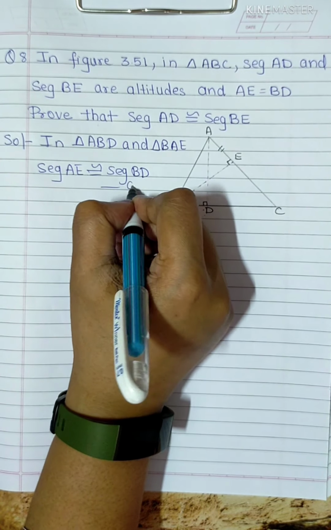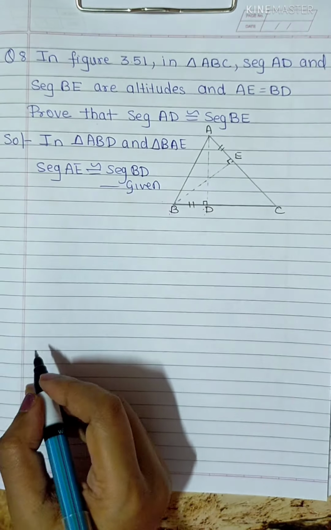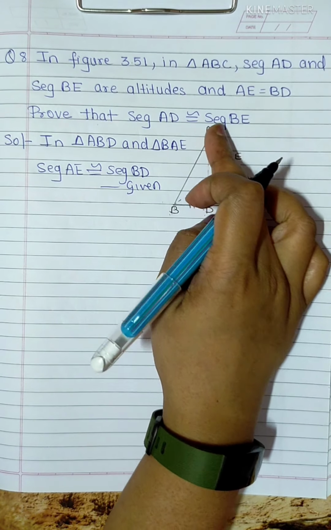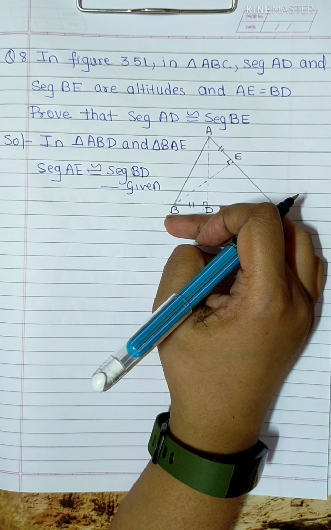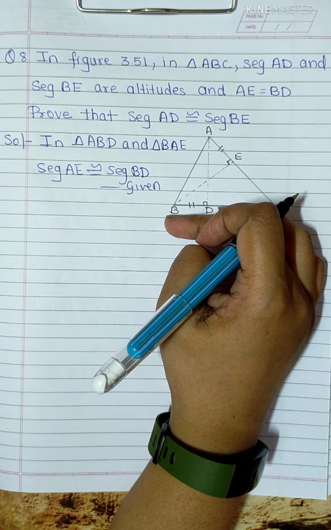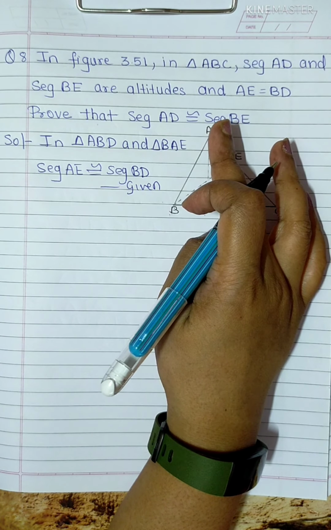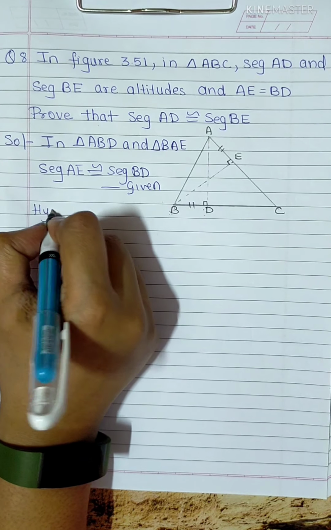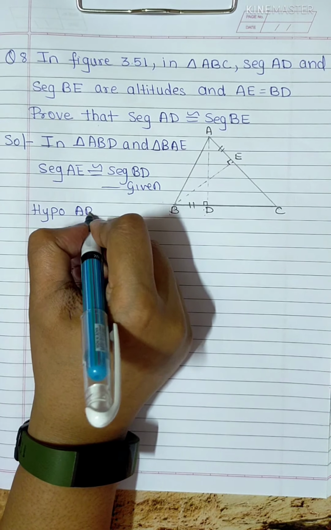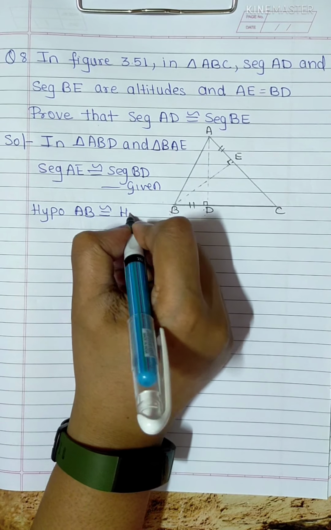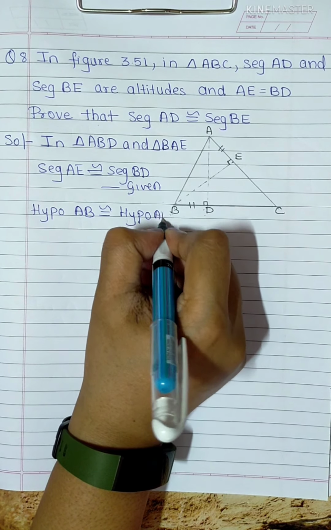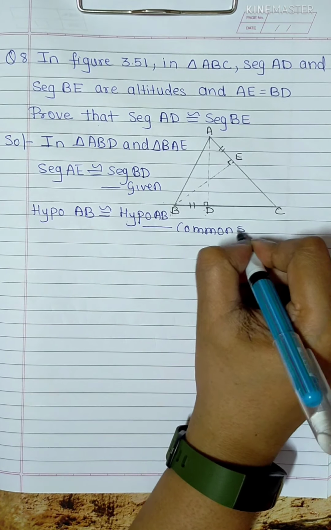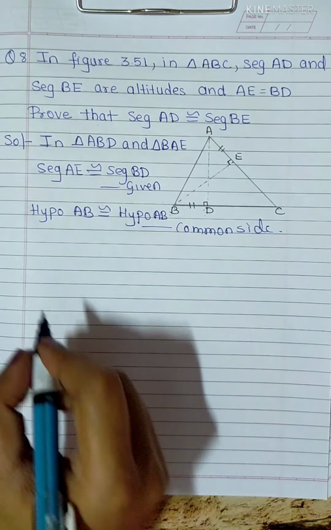This is the given condition. Now hypotenuse AB is congruent to hypotenuse AB. Reason is common side.